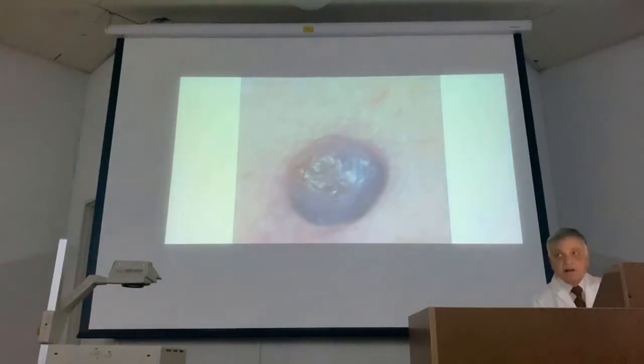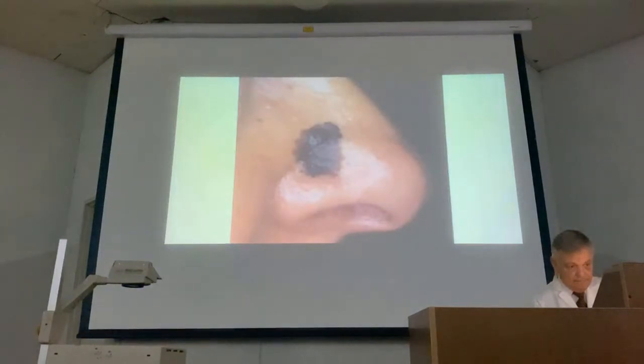Melanoma of the skin. Melanoma is a very nasty tumor. It spreads quickly and it is very malignant. Black spots on the face should be looked at very seriously.